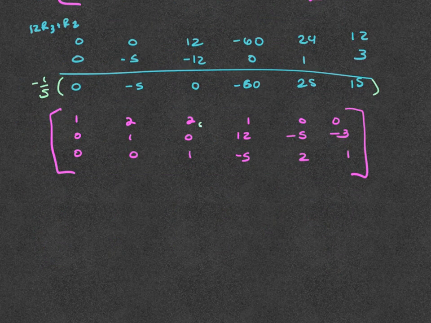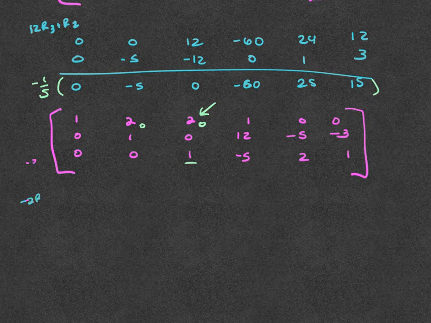I need a 0 here and here. So for the first one, for this one, I have to use row 3. Okay, so we're going to do -2 row 3 plus row 1.